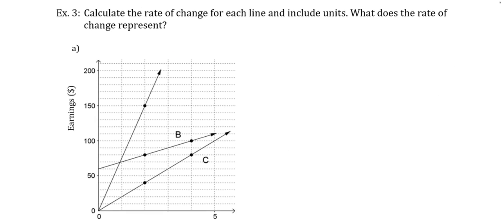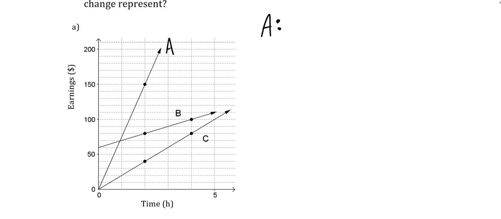And now we're just going to practice calculating some rates. So this one should be called A. We'll start with A. First of all, what are the units? Somebody else.